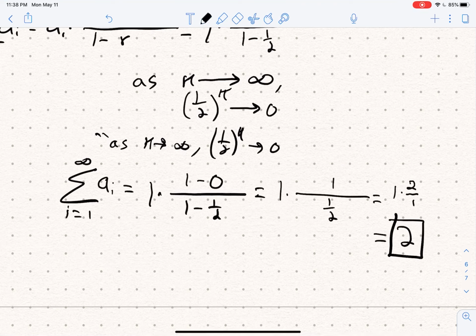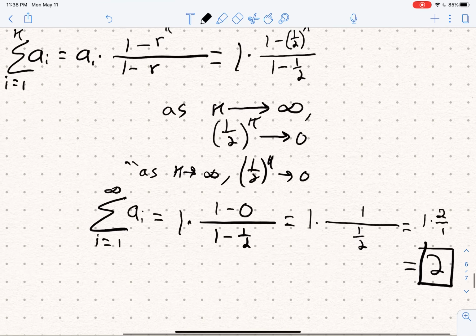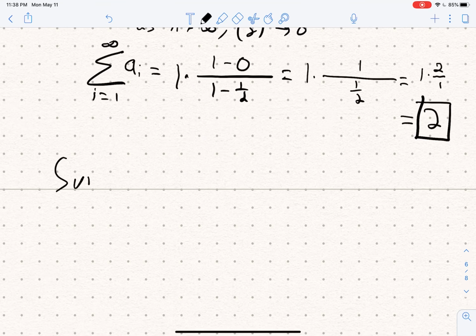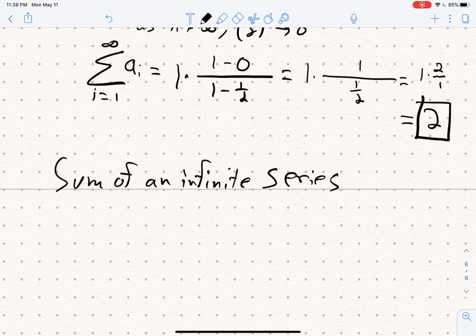The next thing we want to do is just translate that into a proper formula. And the key thing to notice, let's write it down. This is the sum of an infinite geometric series.